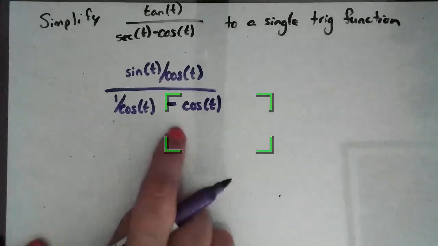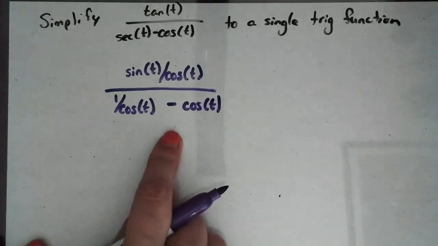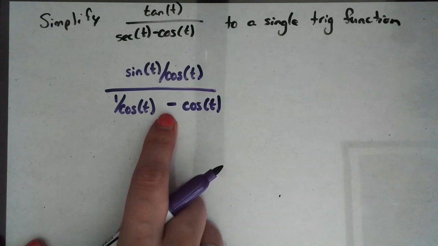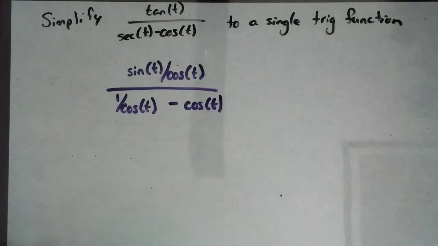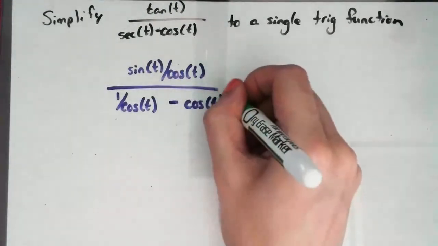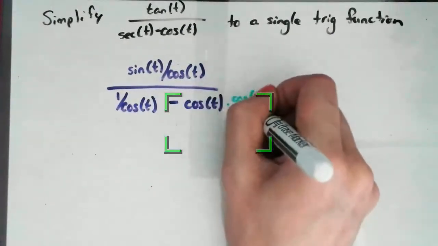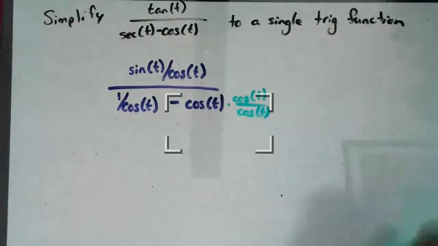The problem is I can't combine these two terms. It'd be really nice if my denominator went from having subtraction in it to being all one term, and then I could keep, change, flip. So what I'm going to do is multiply my cosine of t by cosine of t over cosine of t, because that's multiplying it by 1.